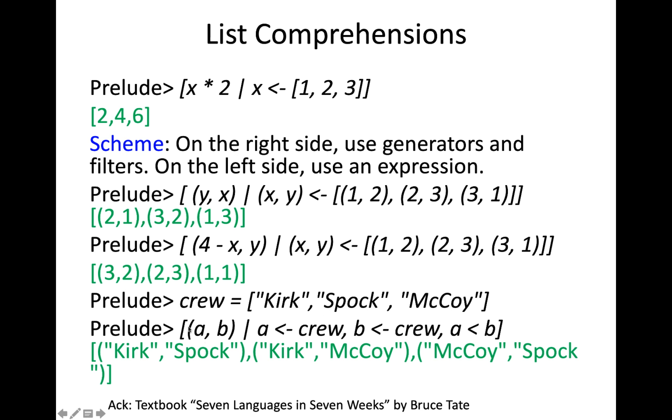And that is one value which is getting generated. Another value of B can be McCoy, and that will give us this. Also another value of A can be McCoy, and B can be Spock, and still A is less than B, and that will give us the third generated element. And these three elements together will be the final list.